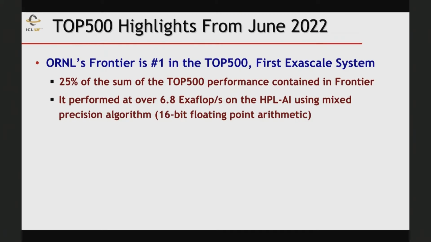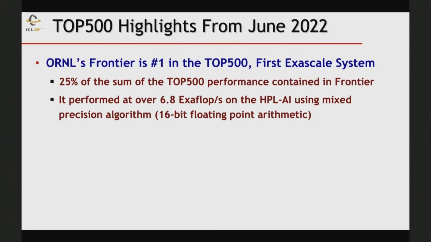If we take a look at the top 500 computers and add up the performance of the 500 machines, the Frontier system is 25% of the sum of the 500 machines.